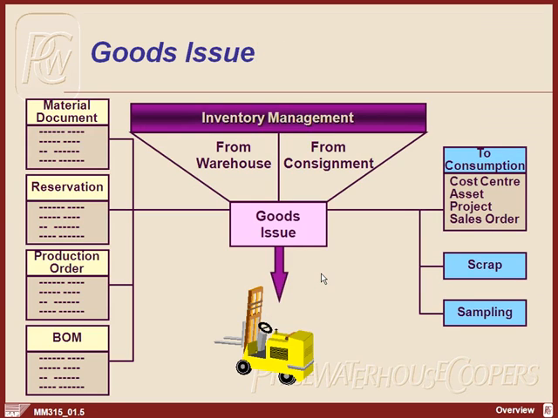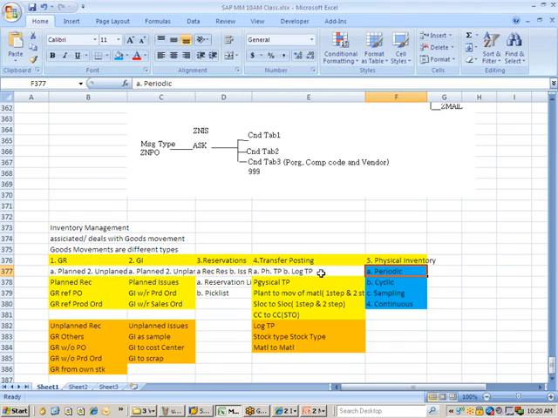Similarly, goods issues. Here, when you issue the material, you can issue from your own stock or from the consignment stock. What do you mean by consignment stock?